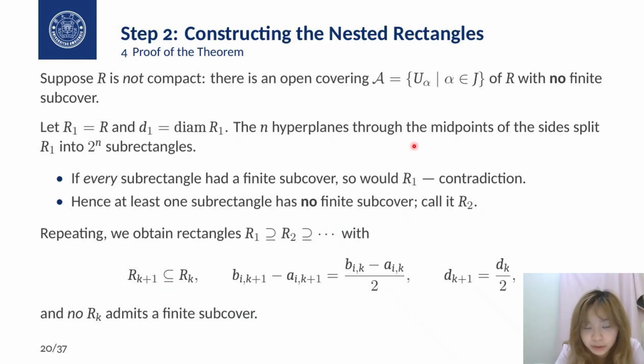Then we repeat the process. We bisect R2 and get R3, and so on. We build nested rectangles R1 contains R2, R2 contains R3, where every R_k has no finite subcover, and the diameter d_k equals d1 over 2^(k-1).